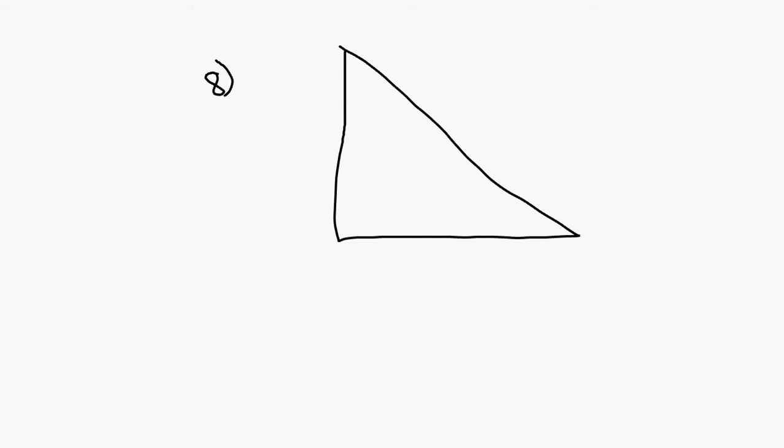Number 8 is another 45-45-90, and you're given the hypotenuse and asked to find the length of a leg. If your answer is not an integer, leave it in simplest radical form.